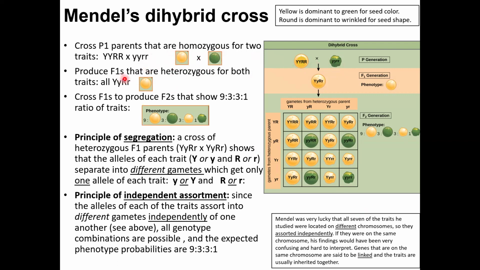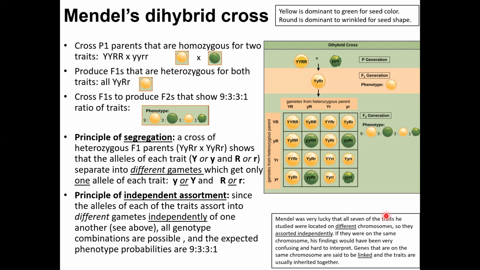When they crossed it, they saw that it came out to a 9 to 3 to 3 to 1 ratio when you have these traits together and cross them together.